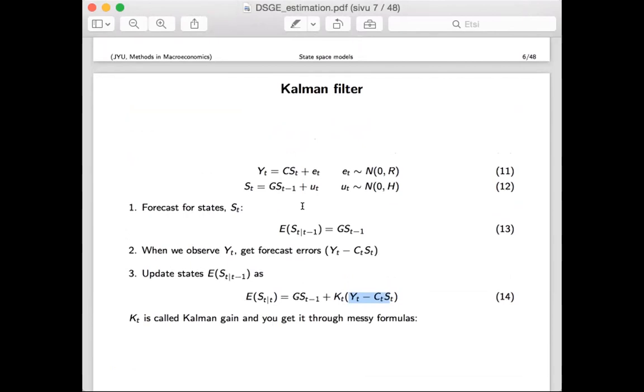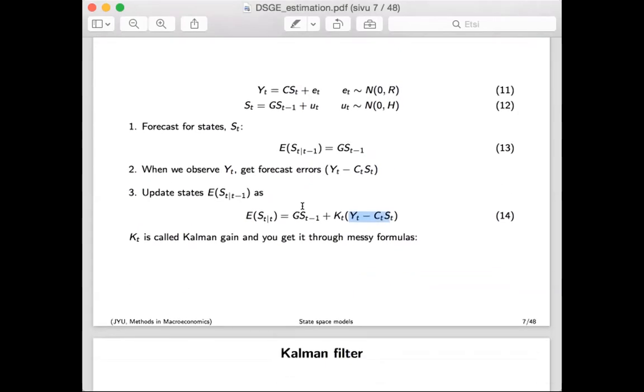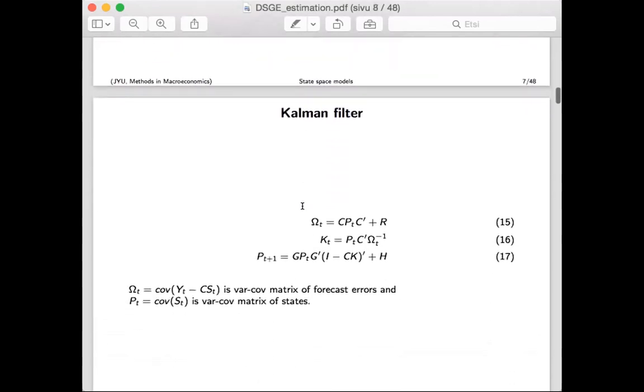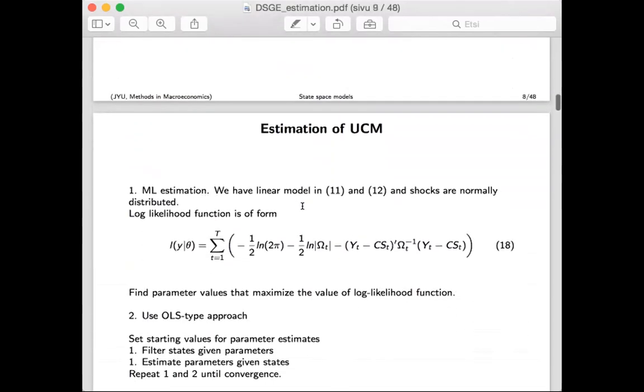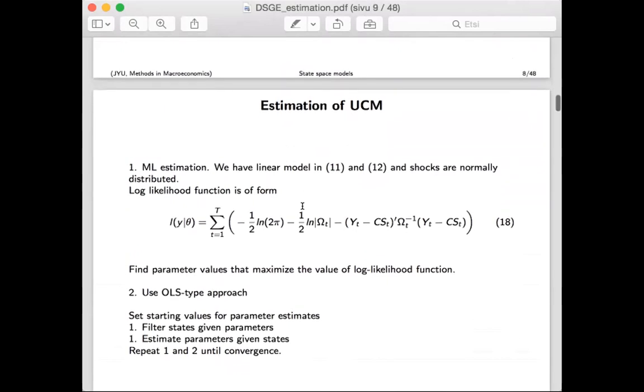And then once one has new parameters, one can obtain a new path for states conditional on these parameters using a Kalman filter, and then having a new path for states, one can again re-estimate the model parameters and do this several times until the parameter values don't change anymore.